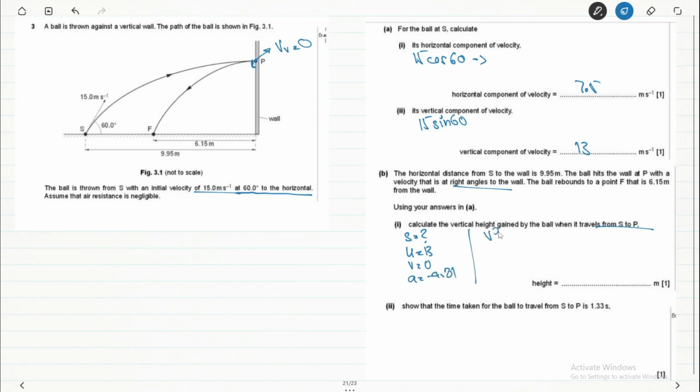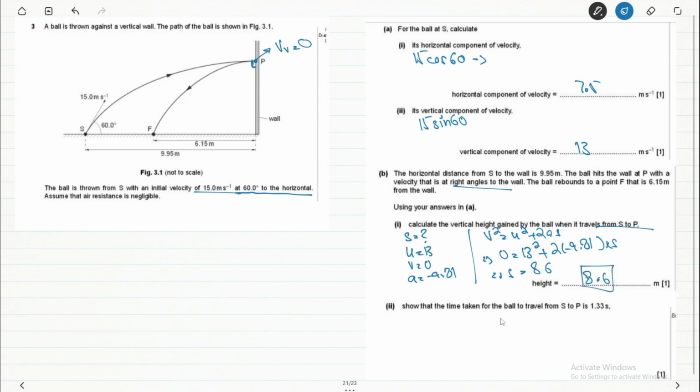Just apply the formula v squared is equal to u squared plus 2as. So 0 is equal to 13 squared plus 2 times negative 9.81 multiplied by s. Solving for s gives 8.6 meters.